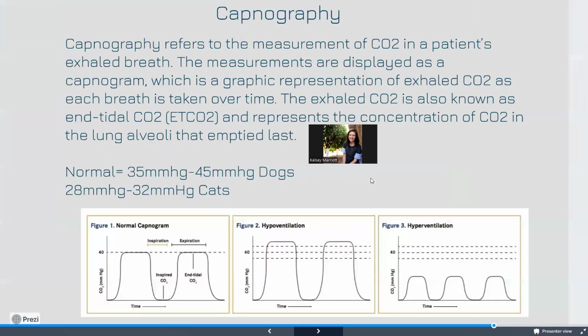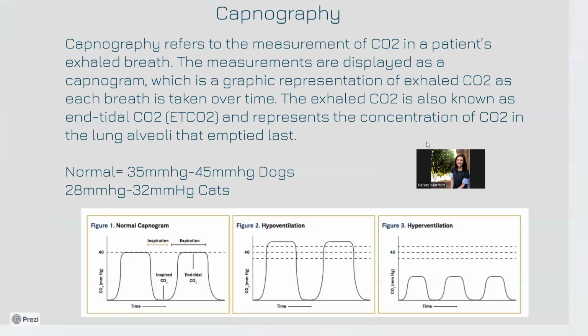Something that's really useful that I enjoy reviewing is our capnograph. This is how we measure our patient's CO2, with their exhaled breath. It's typically attached at the end of their ET tube, and when we're looking at this, we refer to our waveforms.